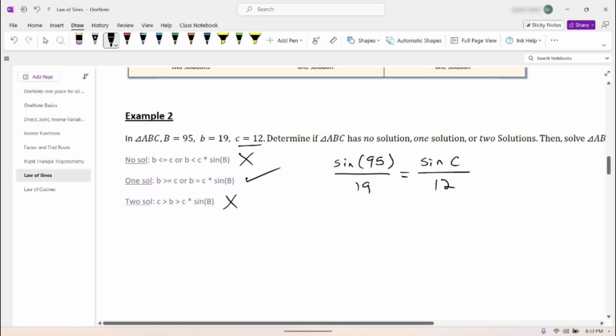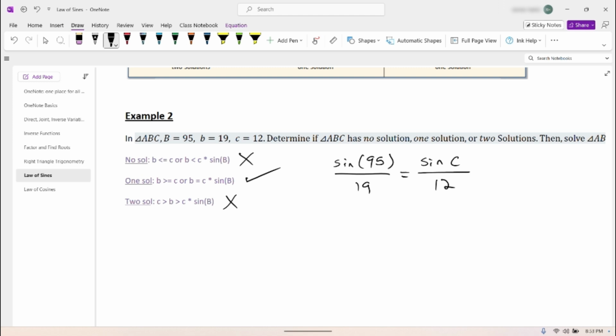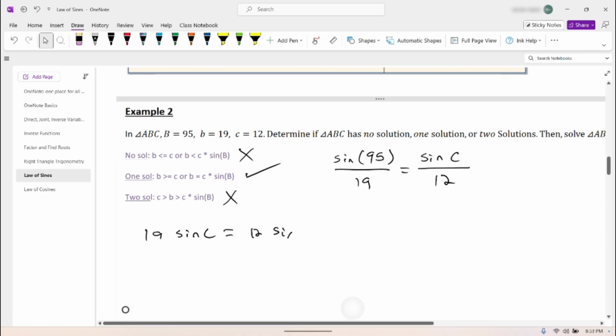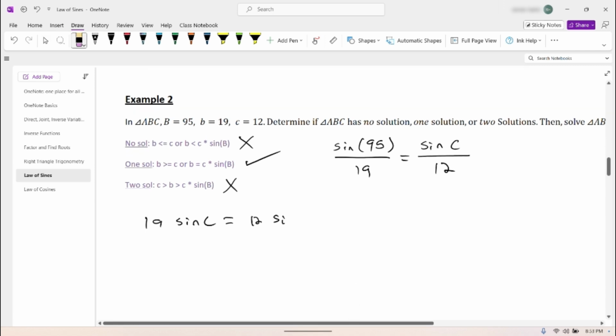This is C right here. We can't solve for A yet. Now we can do the cross multiplication and all that good stuff. In this case, we're solving for C. So we have 19 sine C equals 12 sine of 95.